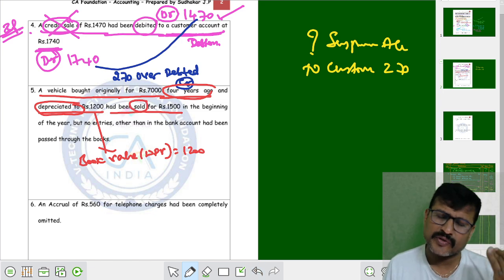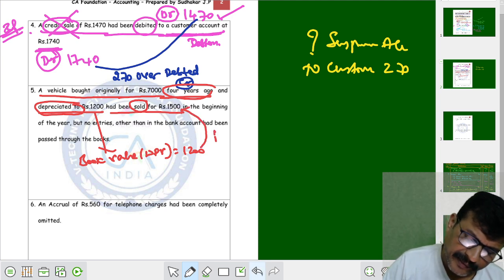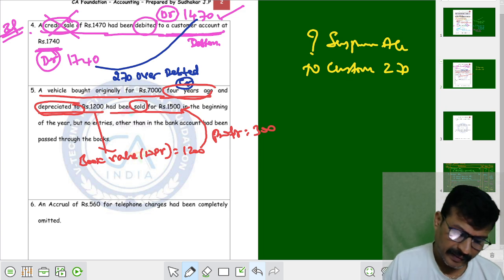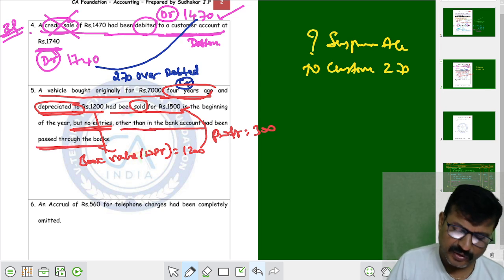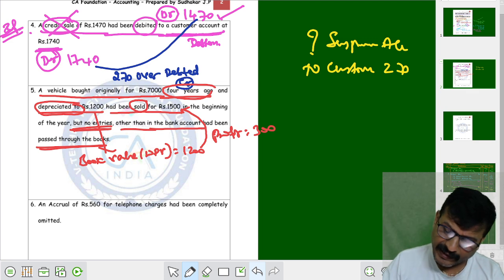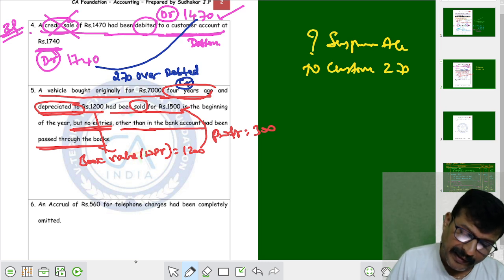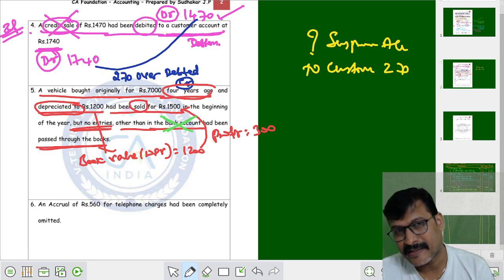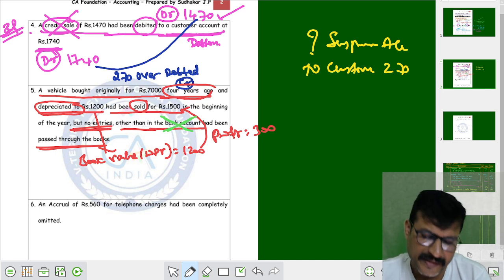Sold for 1,500 means a profit of 300 rupees at the beginning of the year, but no entries other than the bank account have been passed through. What do you mean by no entries other than the bank? Other than the bank means in the bank you have recorded; excluding the bank, in all other accounts there is no entry.